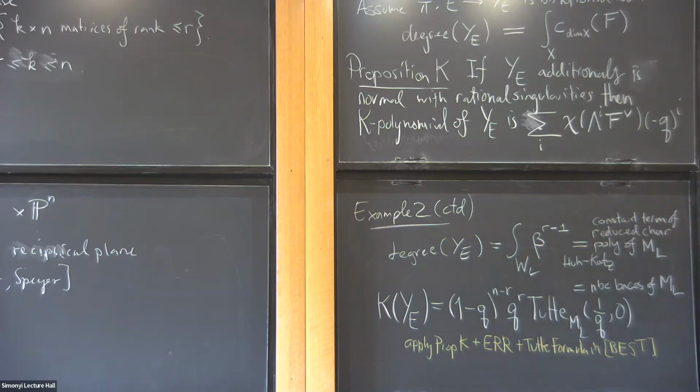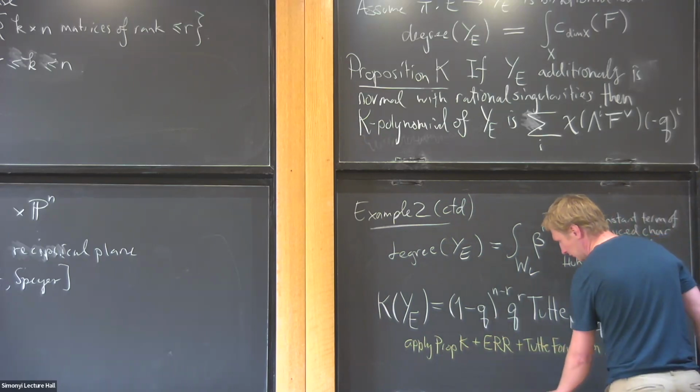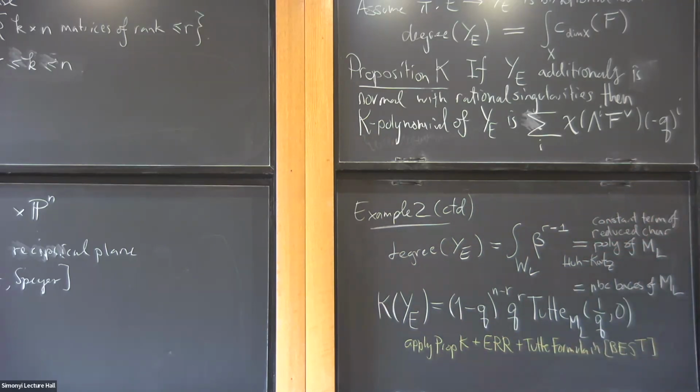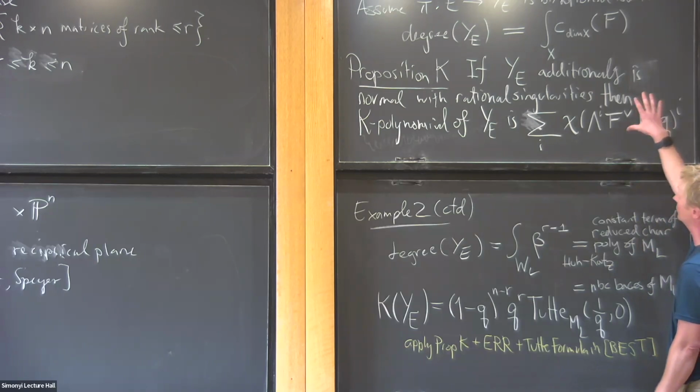Okay. So the moral here is that if you know how to compute the things on the right-hand side, then you can get all kinds of interesting information about the collapsed variety. But in many situations, we don't know what goes on the right side of either of these formulas.